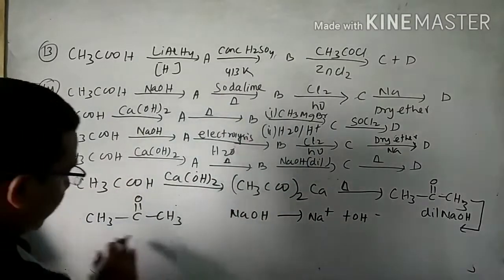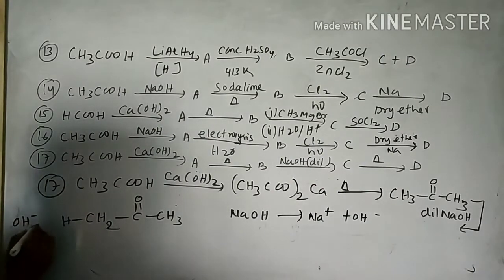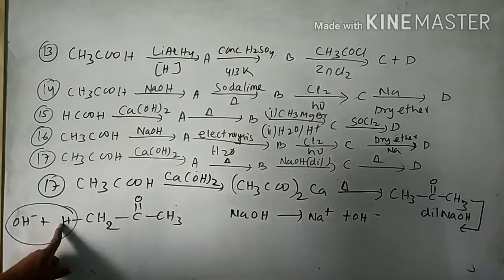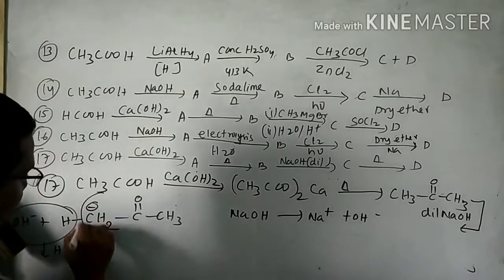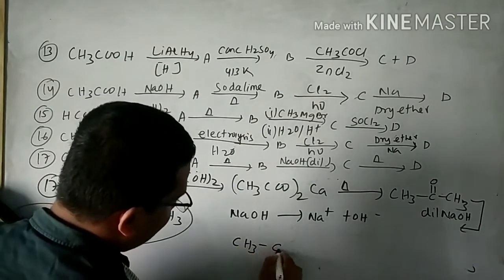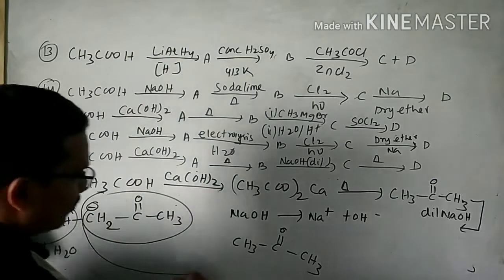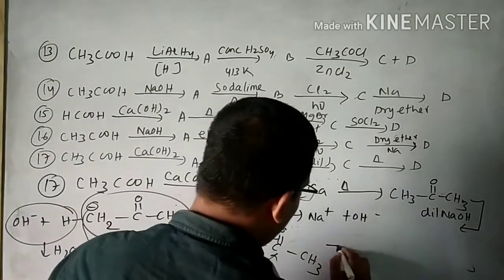Once acetone comes, OH minus will take the H plus and form a water molecule, and a minus charge will be formed. This minus part will attack the acetone molecule. Your O minus will be formed.